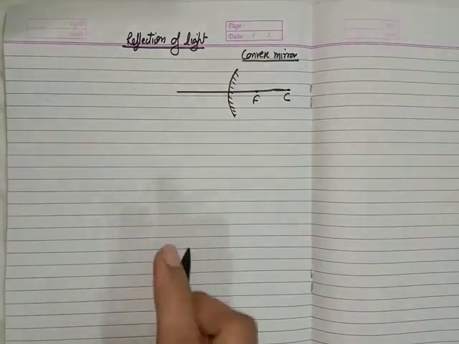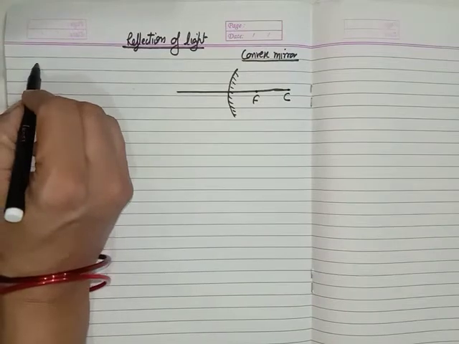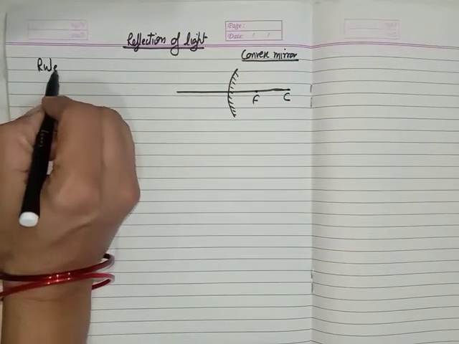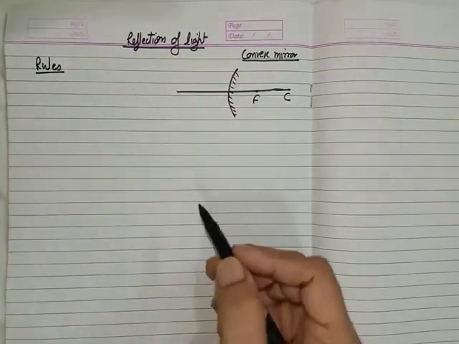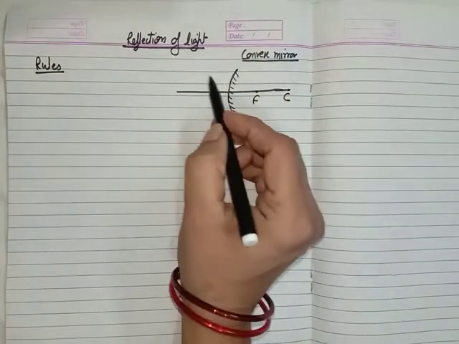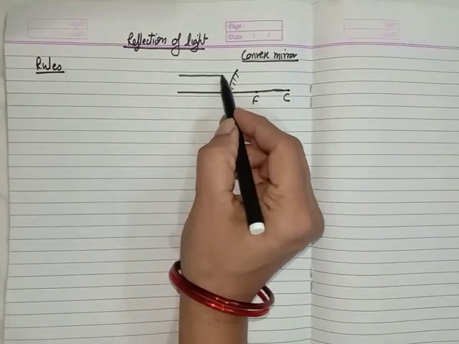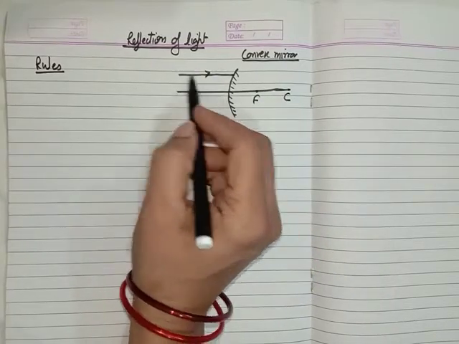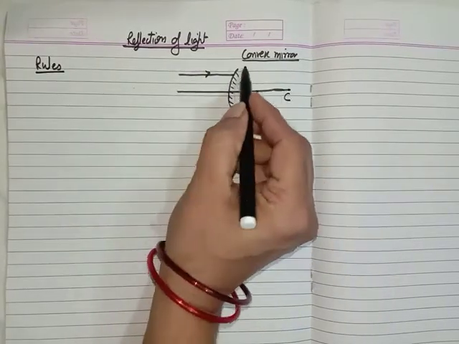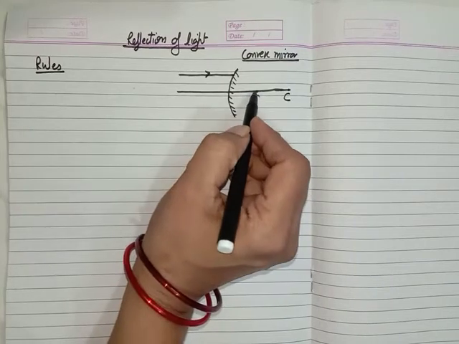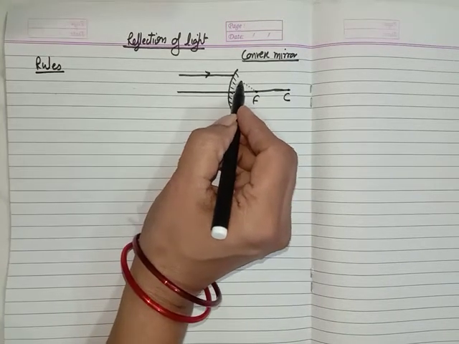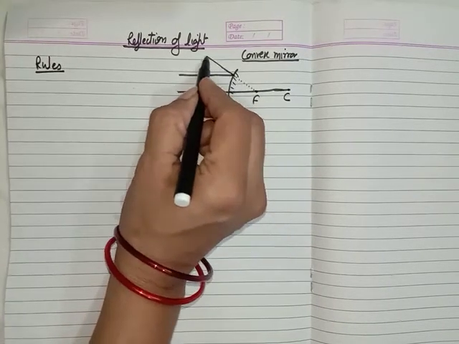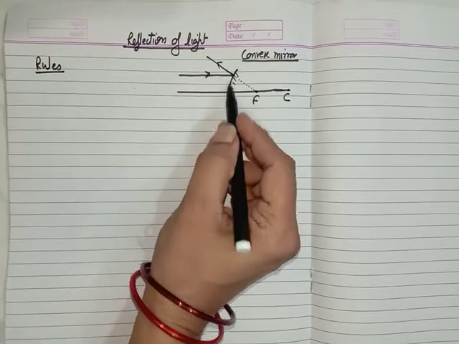First, we should know what the rules are for obtaining images by using the convex mirror. Now the first rule: this is a convex mirror. We know that the light ray which is parallel to the principal axis, after reflection from this mirror, appears to diverge from the focus of the mirror.